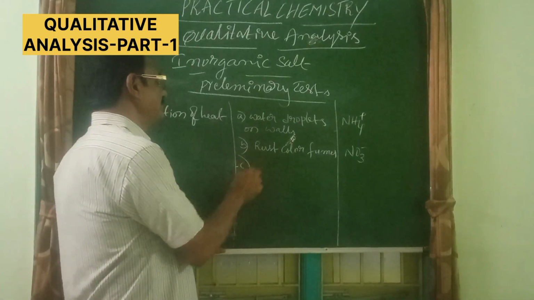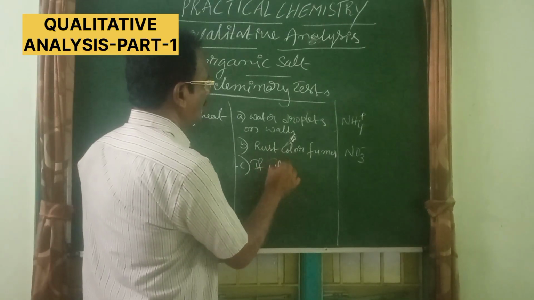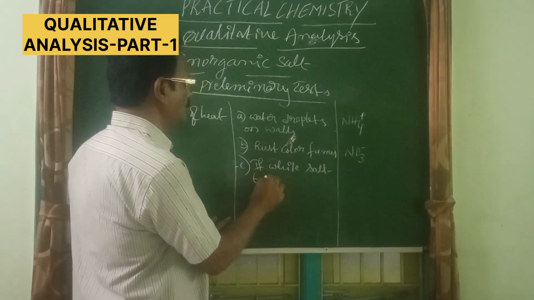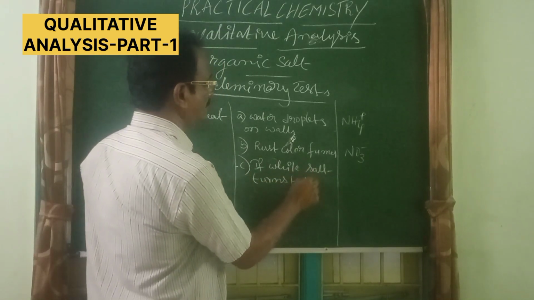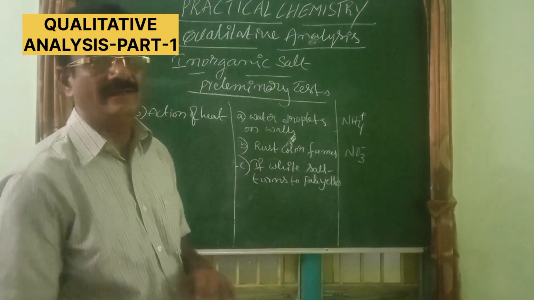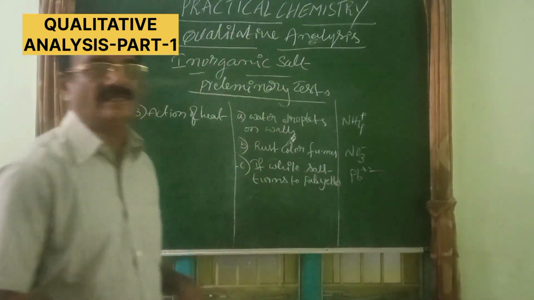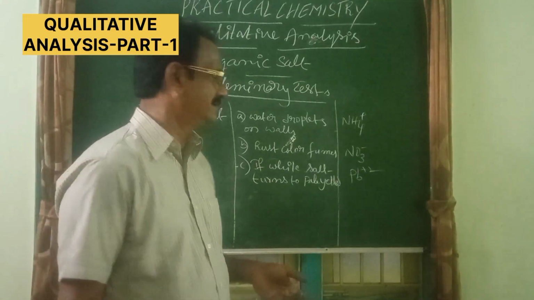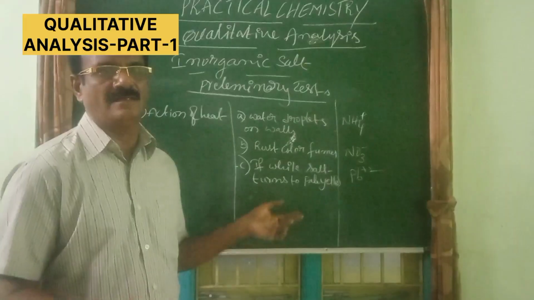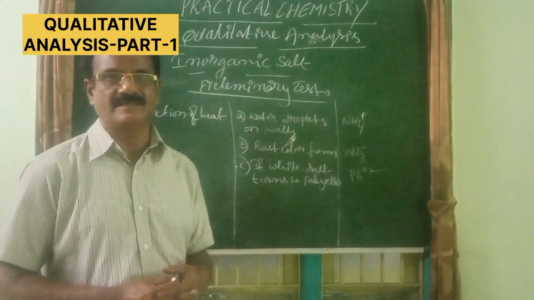Next observation, if a white salt turns pale yellow, there may be lead in the given salt. So, if there are no such observations, there is no issue. Then we have to proceed to another test.